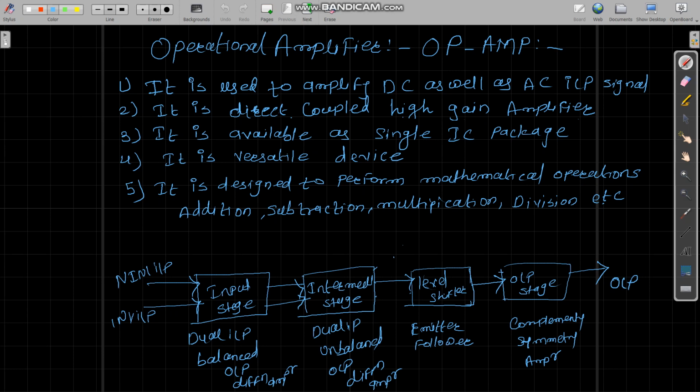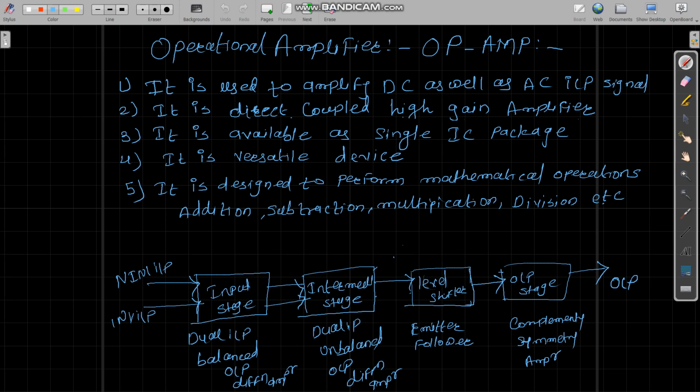And balanced output means there are two transistors connected, and when we take the output between the collector terminals of the two transistors, we call it balanced output. So the very first stage in the op-amp is a dual input balanced output differential amplifier, and enough voltage gain is provided by this input stage.